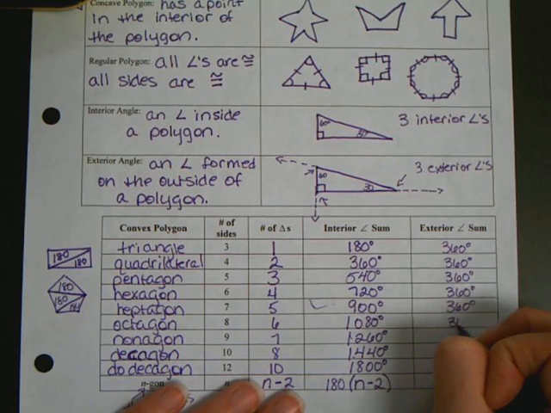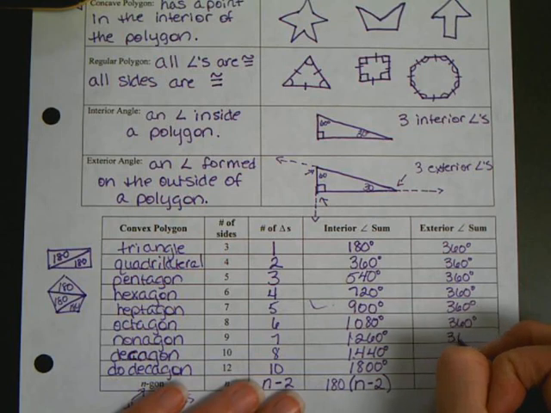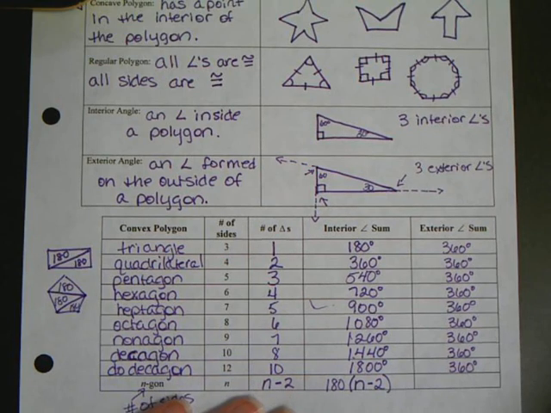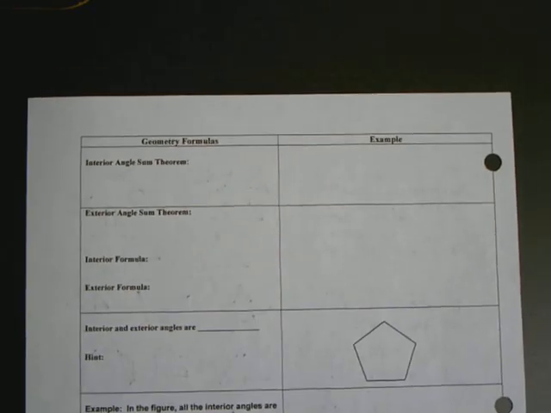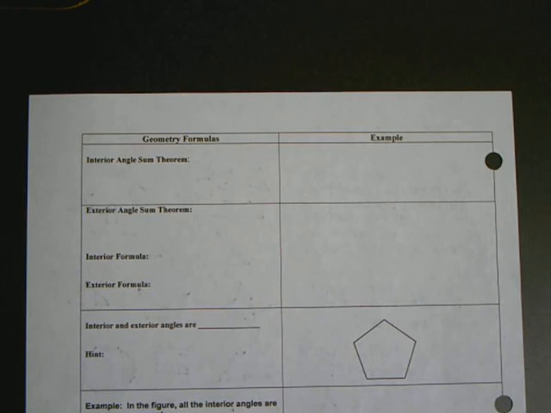What happens is as you add a side to each polygon, the interior angles become more obtuse and the exterior angles become more acute. So you will always get a total of 360 degrees out there. And we're going to draw a picture on the back side so you can understand what that means. So flip over your notes, and on the back side we will continue with the interior angle sum theorem.